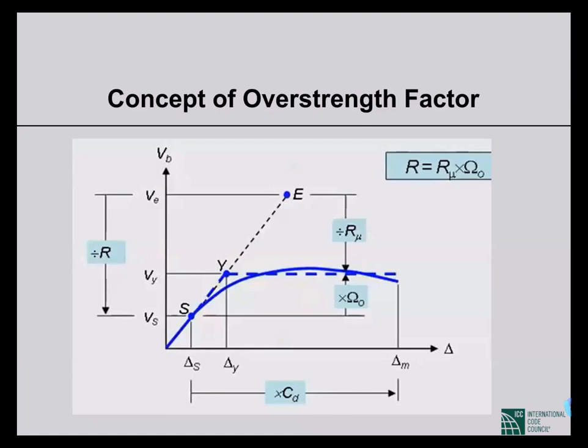Say our structure follows the dotted line which ends at E. If the structure were completely elastic, the behavior would be linear, and the structure would collapse at the point E, and the base shear that it could sustain would have been VE.